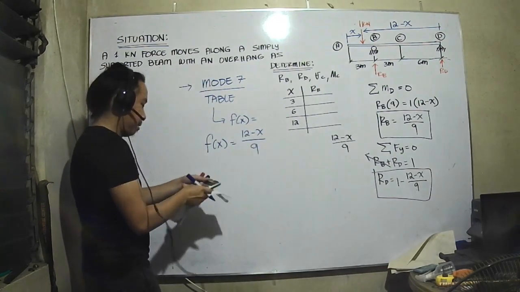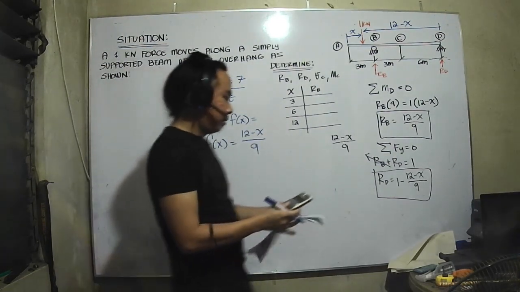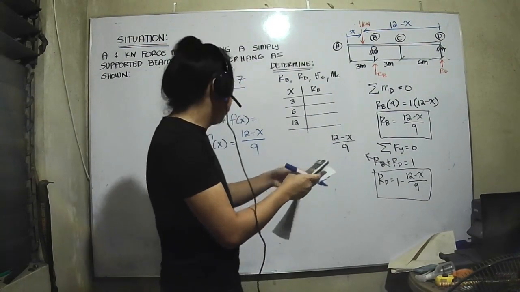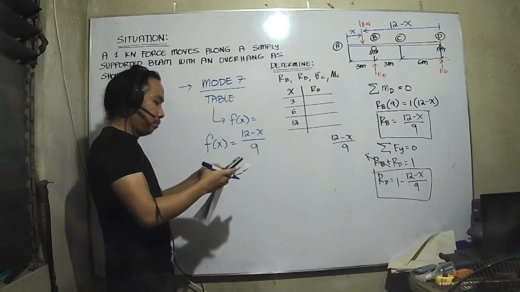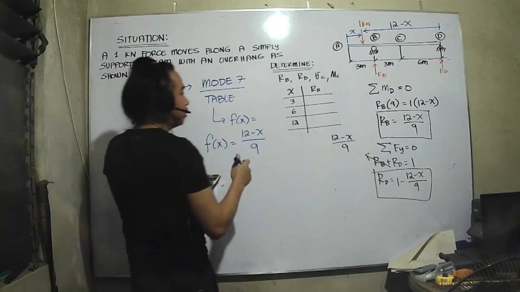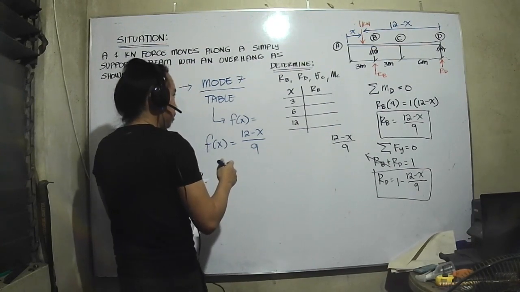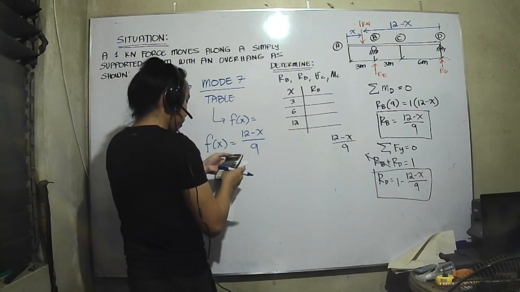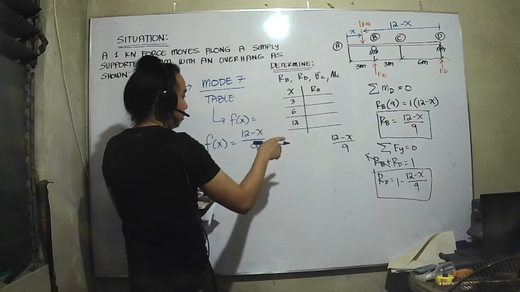Okay? So, 12 minus x over 9. Press equal. Where do we want to start? We can start at 3. And then end at 12.